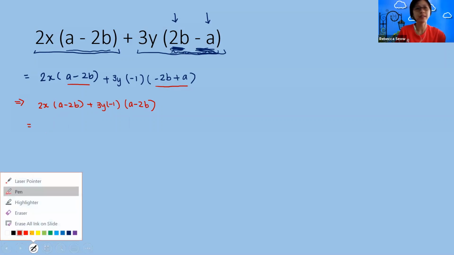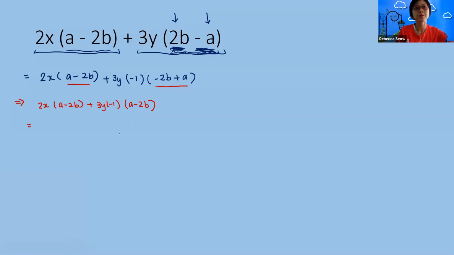Now, you have already learned about simple algebra. So, in introduction to algebra, you know that you could combine these two terms by taking 3y multiplied by minus 1. So we will end up with this. Plus times minus, we will end up with a minus 3y(a - 2b). Okay, looks like we are set for another round of factorization.